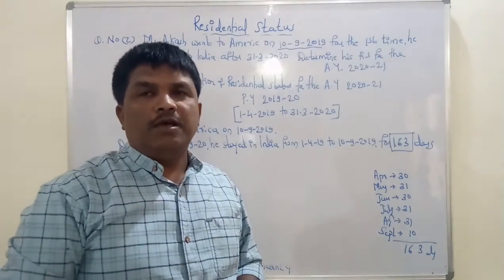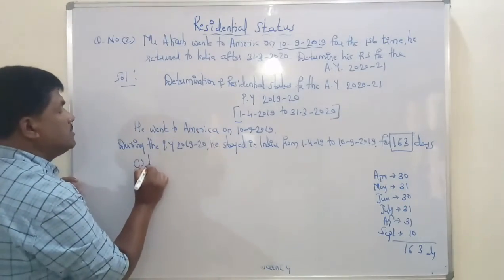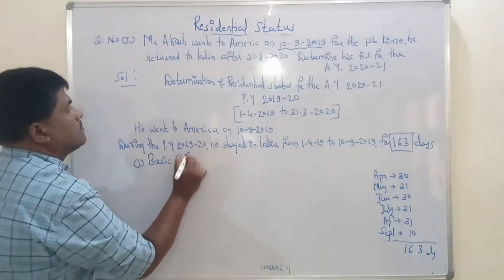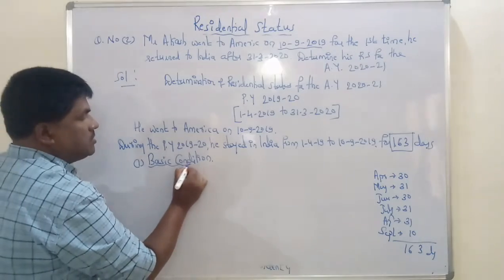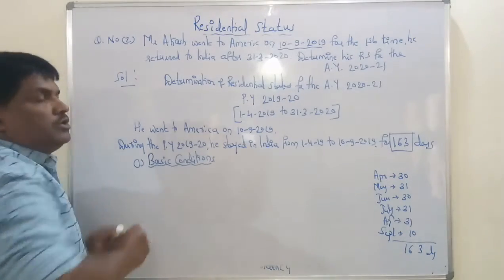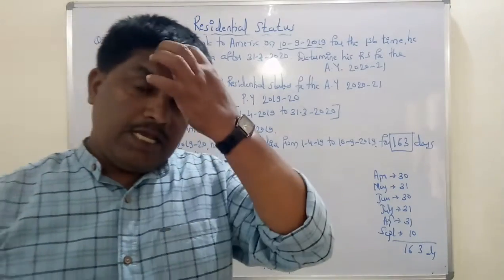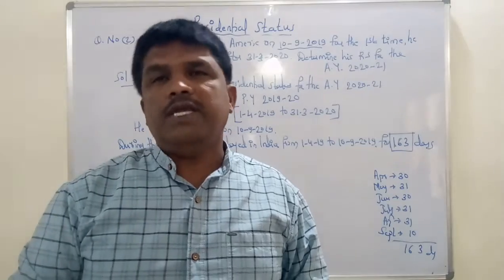Next we go through the basic conditions. So first one, basic conditions. You go through the first basic condition. First basic condition says that he must be in India for 182 days or more during the previous year.